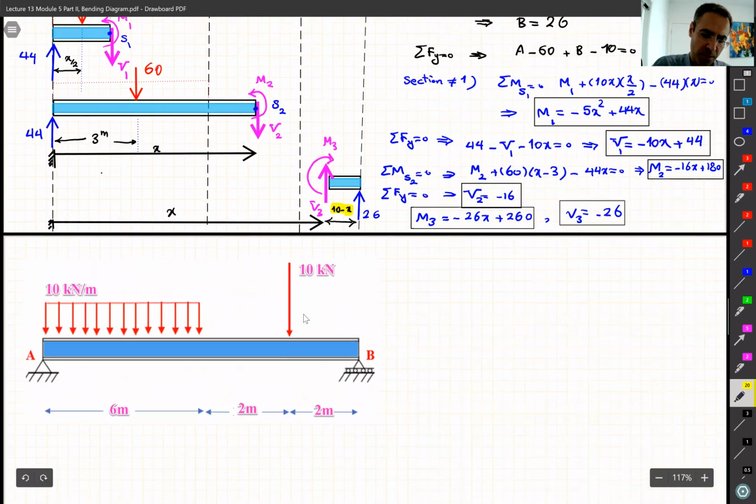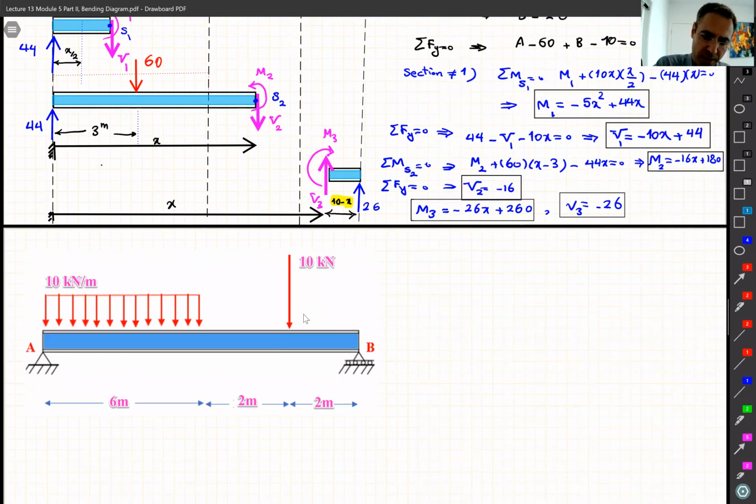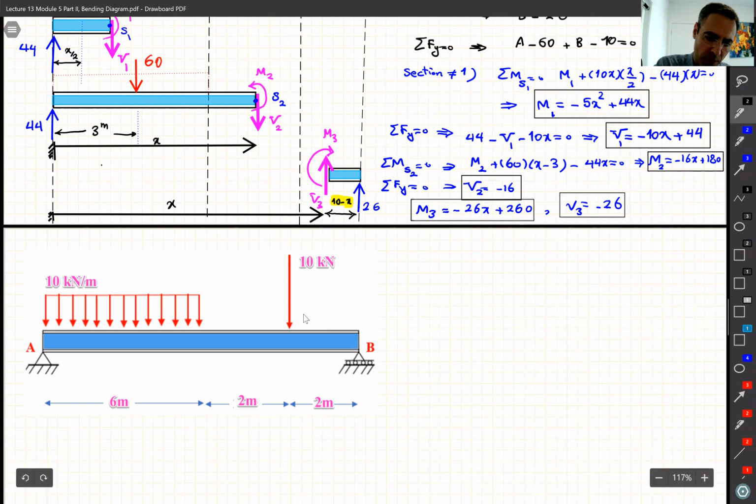Because I'm going to the next page, let me write down my equations one more time here. So V1 was minus 10x plus 44, V2 minus 16, and V3 minus 26.